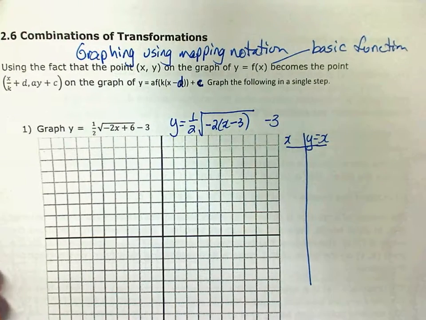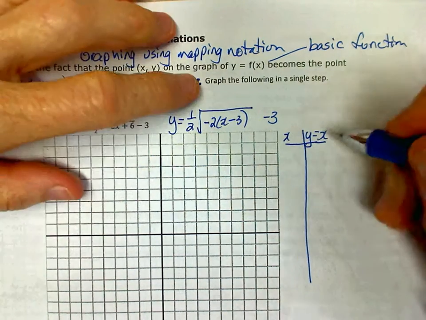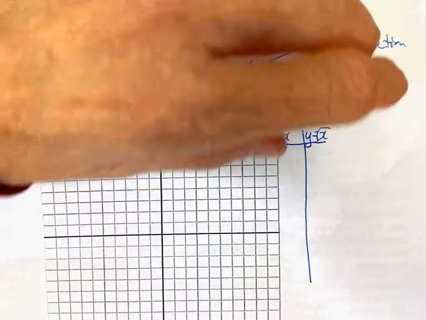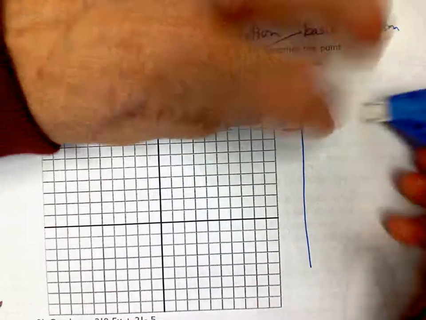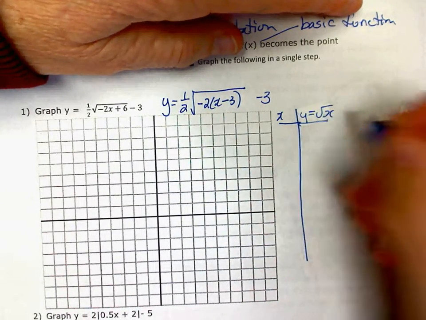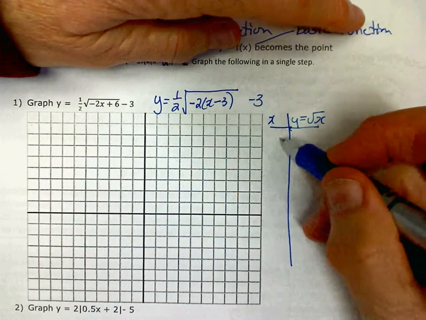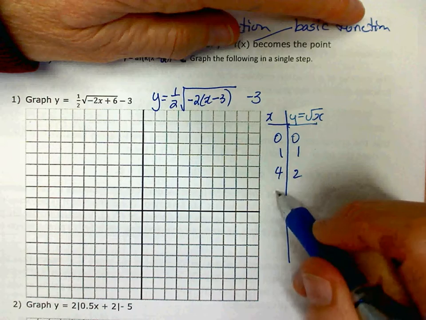Y equals square root of x. I just want to make more room here. Y equals root x. Okay, so some points are 0, 0, 1, 1, 4, 2, 9, 3, 16, 4.